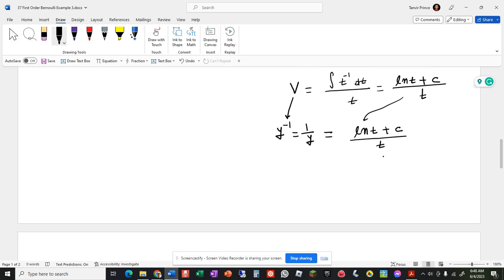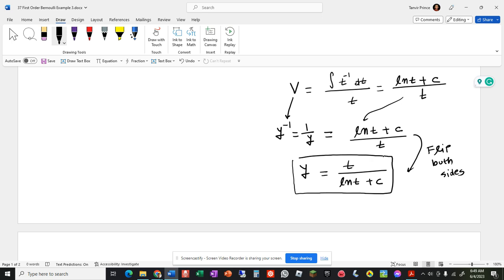So I get y equal to t over ln of t plus c. So I flip both sides. Because this will nicely give you an explicit format. So that's very good because we actually find an explicit format. So this is an explicit solution. Very nice.